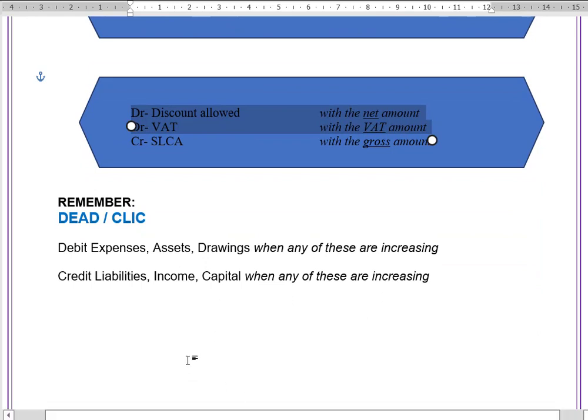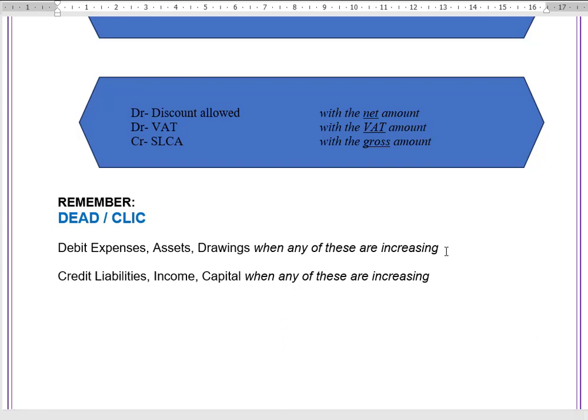Then you have, remember your debit clique: debit expenses, assets, drawings, when any of these are increasing. What do we have in this scenario? When you have a discount allowed, that means that you have an expense. The business is bearing a burden in cost. I sold something. I'm supposed to be getting £1,000, but I've offered them a discount.